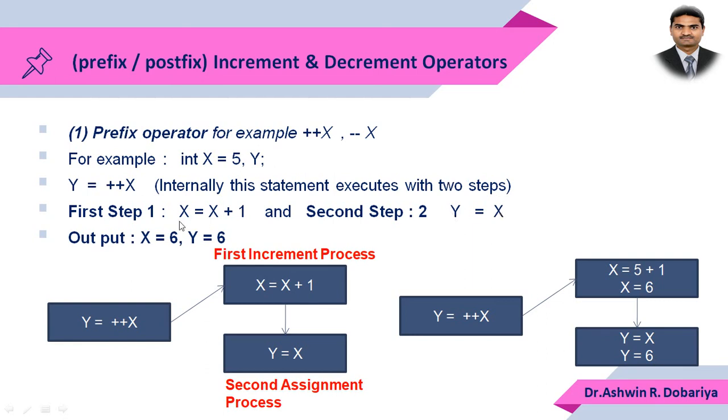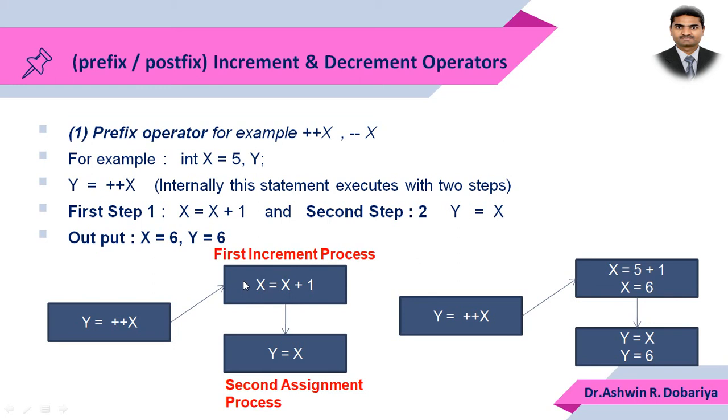So internally, step number one, pre means first is increment, and second step is assignment. So pre means first increment then assignment. So the output of this statement is: x is incremented first, so x becomes 6 because x value is 5. After that x is assigned to y, so y also becomes 6.